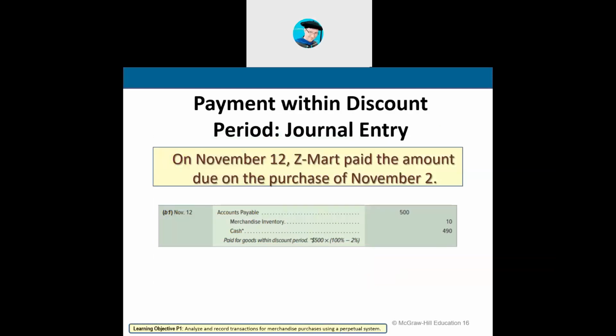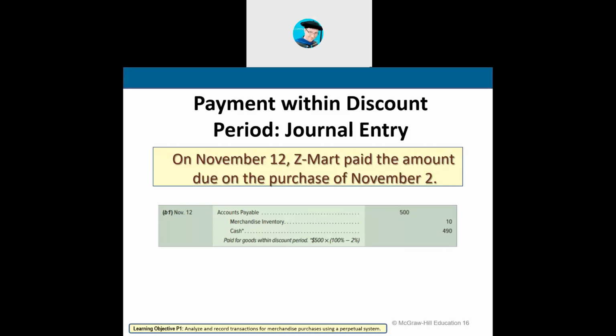Okay, so we talked about how the first transaction was that we purchased inventory using cash. The second one I showed you how to do using on account, accounts payable. Now on November 12th, this is 10 days later.